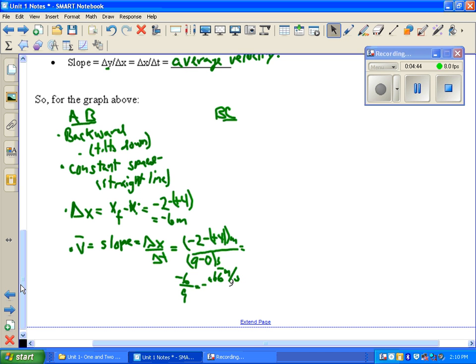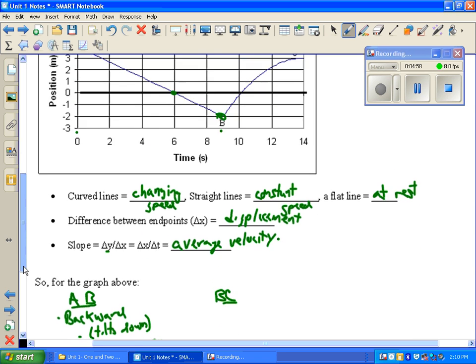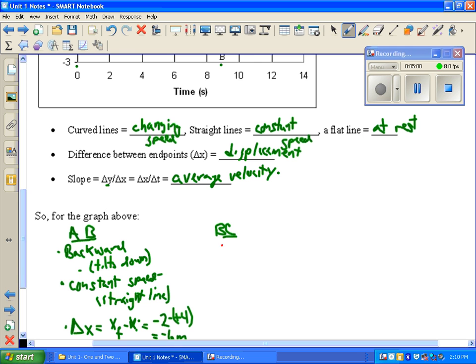Now we'll do line BC. For BC, first we'll talk about direction, backward or forward. Well, I start at -2, and then I'm going to go forward to 3, so now I'm going this way on that number line. So I'm going to say that we're moving forward. I know that because it's tilting up.